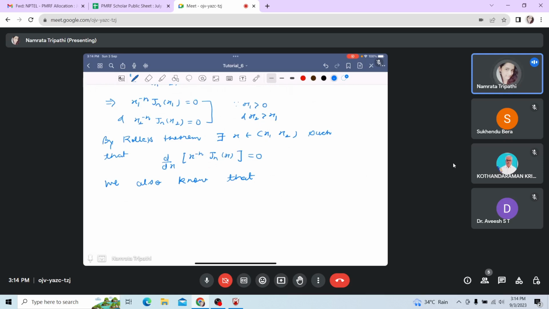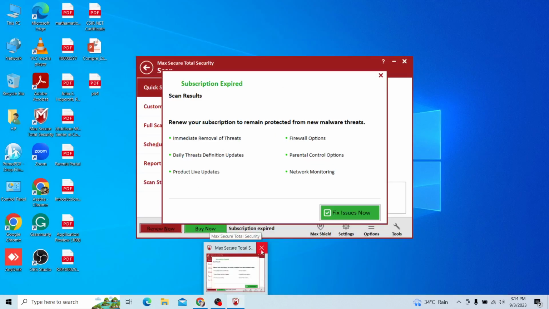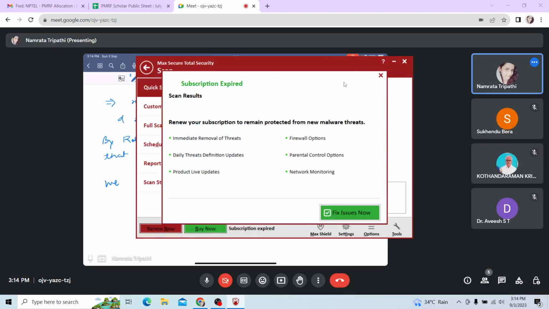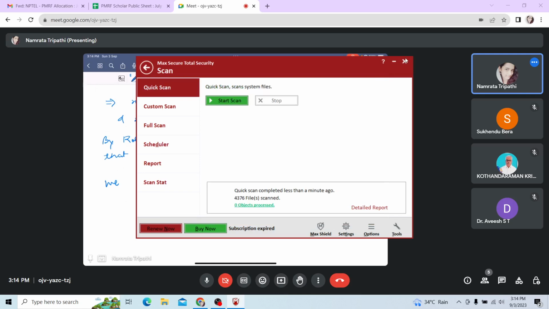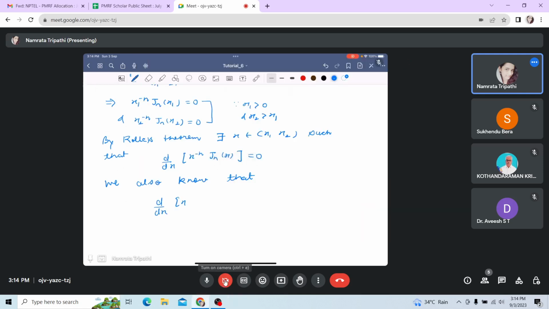We also know the derivative of the above expression. What is the derivative?